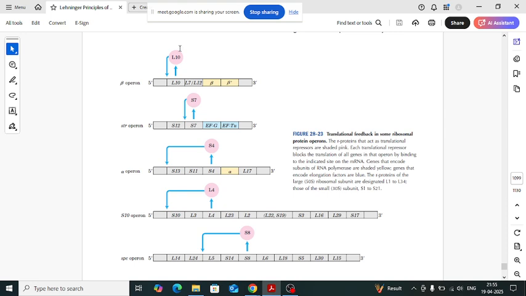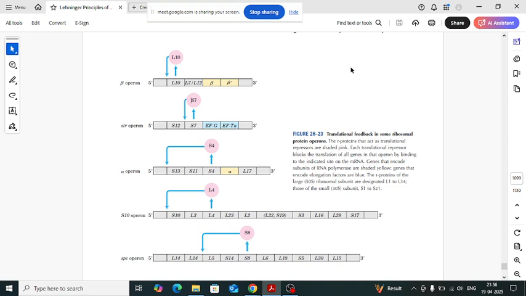L10 means the 10th subunit of the large ribosomal subunit, and S7 is part of the small ribosomal subunit. S means small, L means large. Each translational repressor blocks the translation of all genes in that operon by binding to the indicated site on the mRNA.